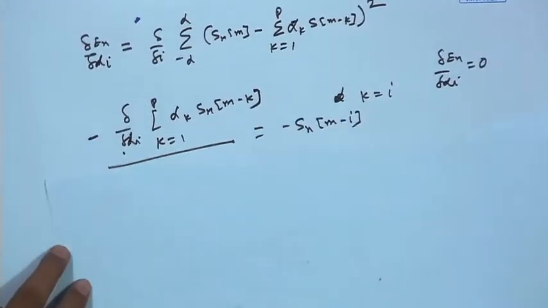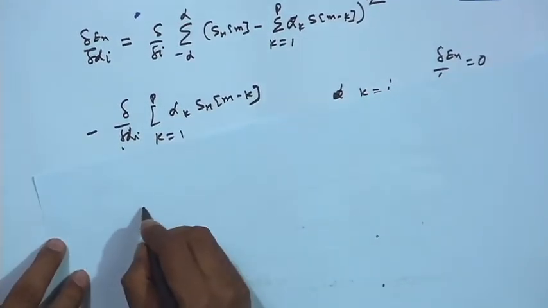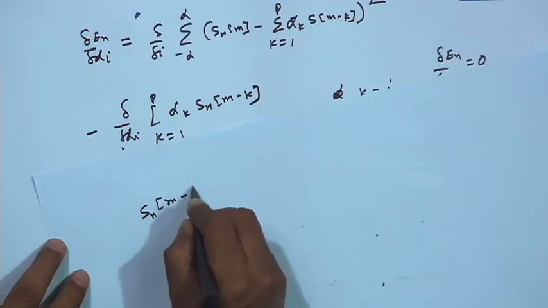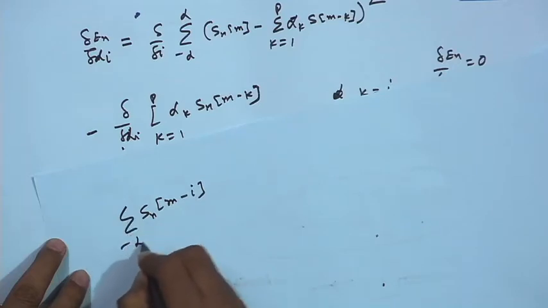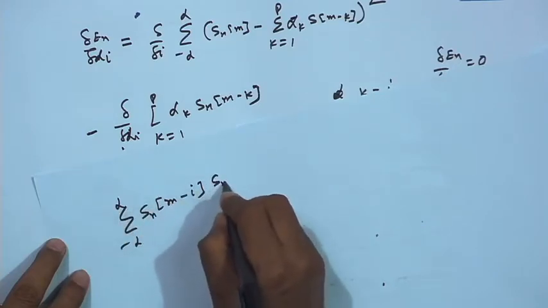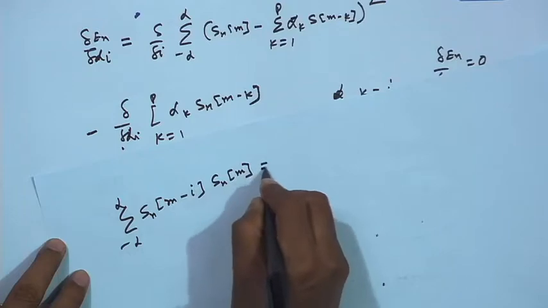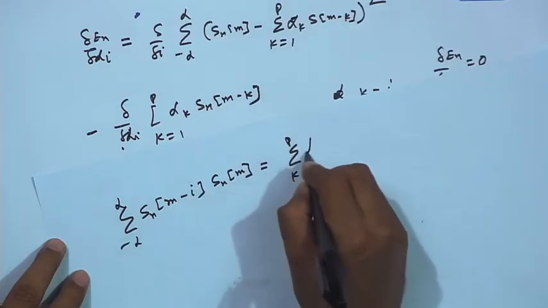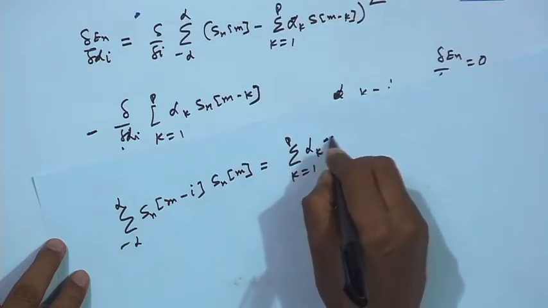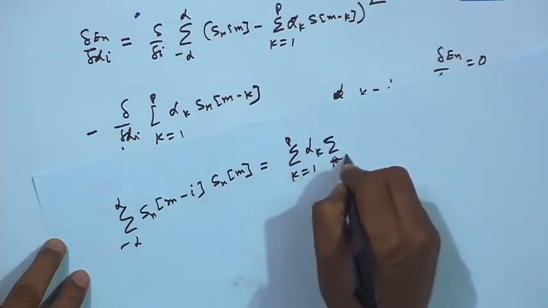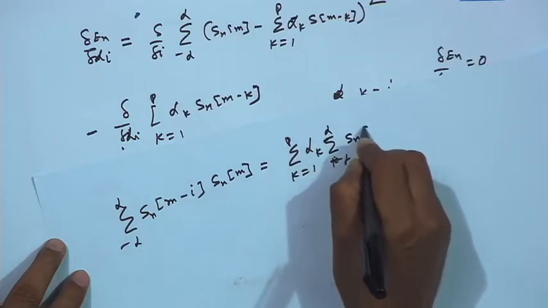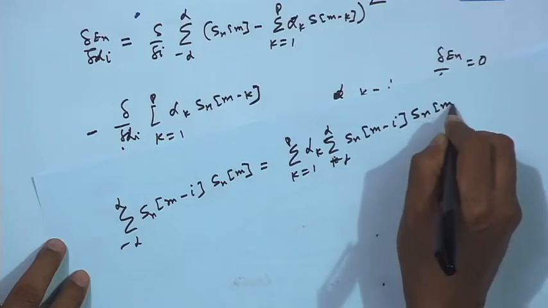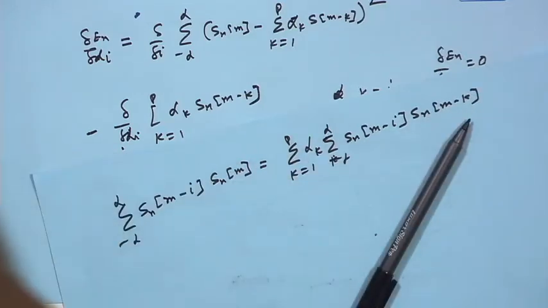So, I can say the sum over m from minus infinity to infinity of S n m minus i into S n m is equal to the sum over k equal to 1 to p of alpha k, the sum over m from minus infinity to infinity of S n m minus i into S n m minus k. So, you just can do this.